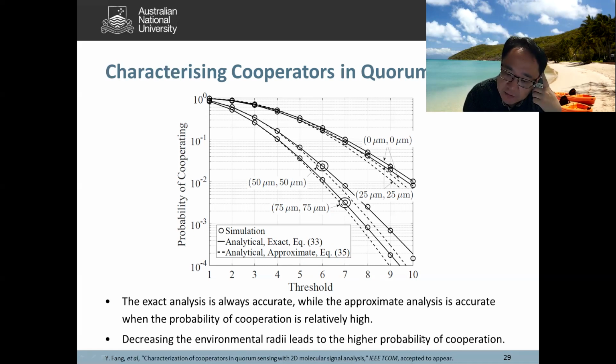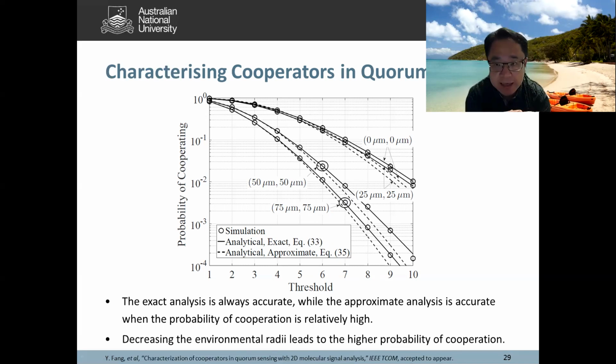This means we have more bacteria in this small circle. It leads to a higher probability. So this is how we evaluate the impact of different system parameters on the cooperation.